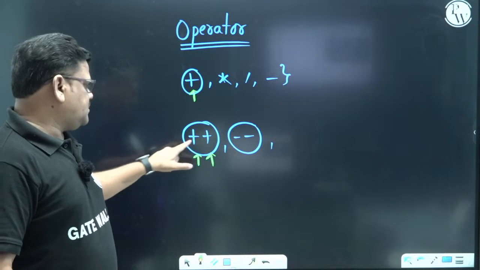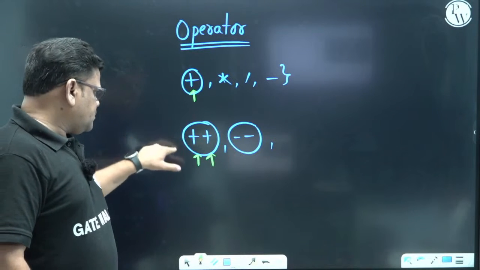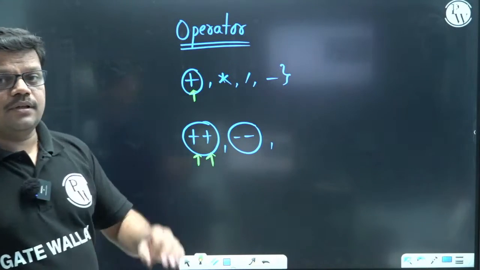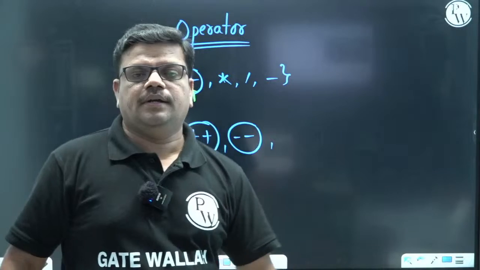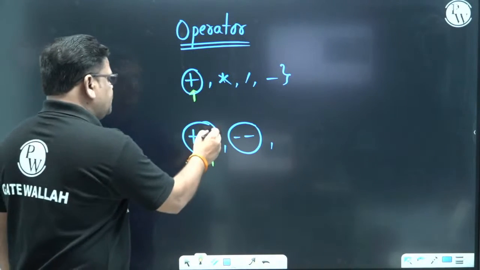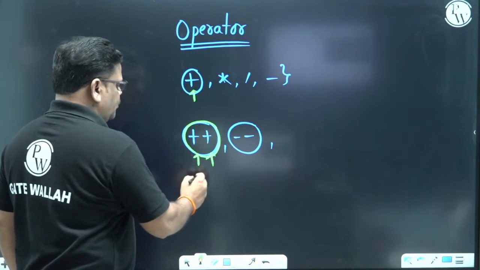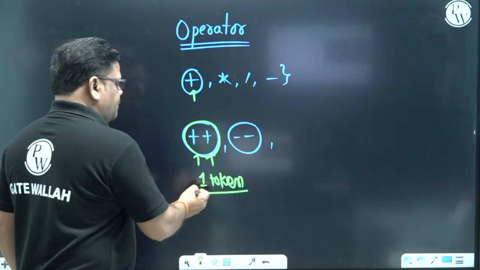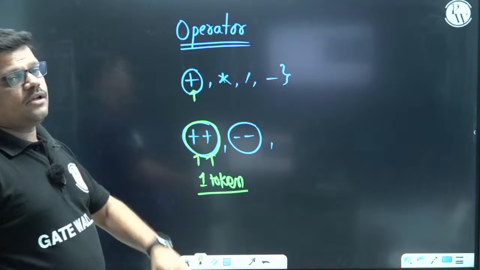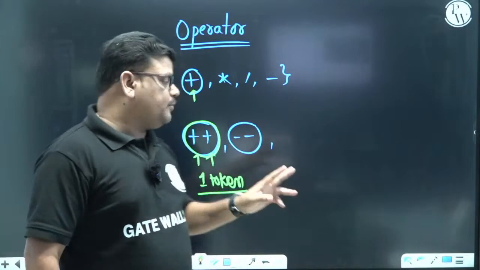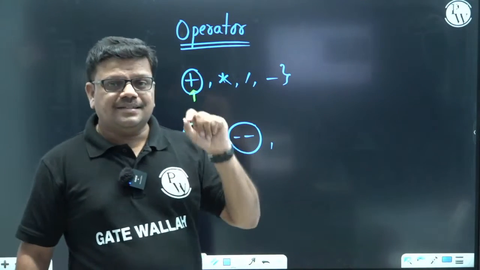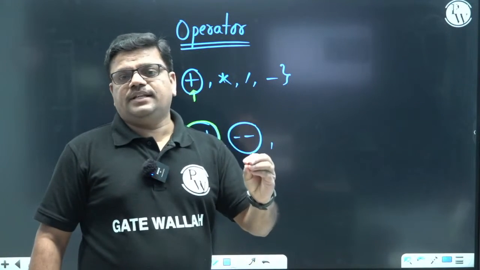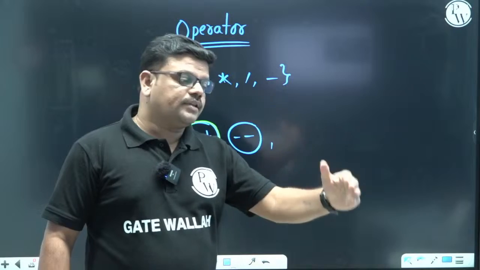If both are plus, then together they make a meaningful operator, and then give priority to the maximum length operator. So both plus plus will be produced as one token. Plus is an operator, plus plus is also an operator, but we don't produce 2 tokens. The lexical analyzer will produce only 1 token because priority is given to the maximum length operator.